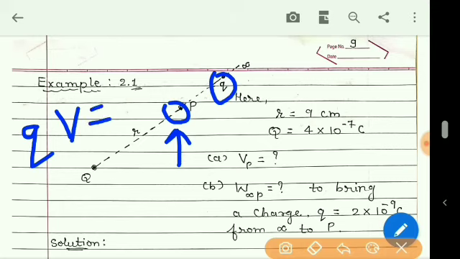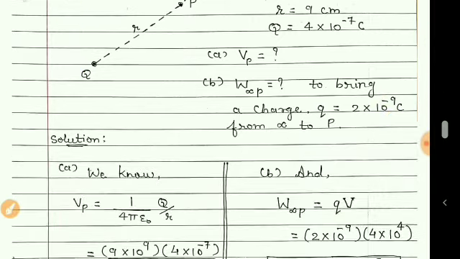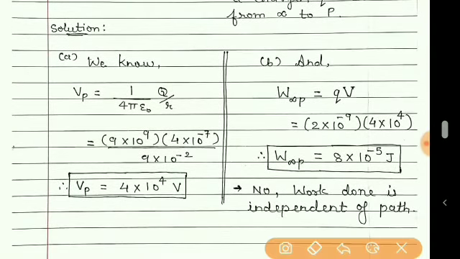So work done W is equal to Q into V. So here also, simply work done to bring a charge small q from infinity to given point P is Q into V, because already potential of that point is known.